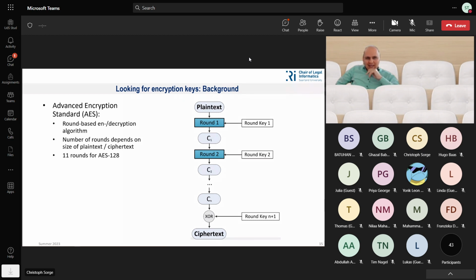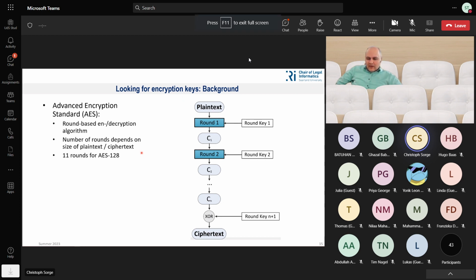AES has an interesting structure that might make it easier for us to find encryption keys using redundancy. So we have an original key, the master key. We'll take the example of AES-128 here. For AES-128, we have the key that we would normally refer to as the AES key, the master key.